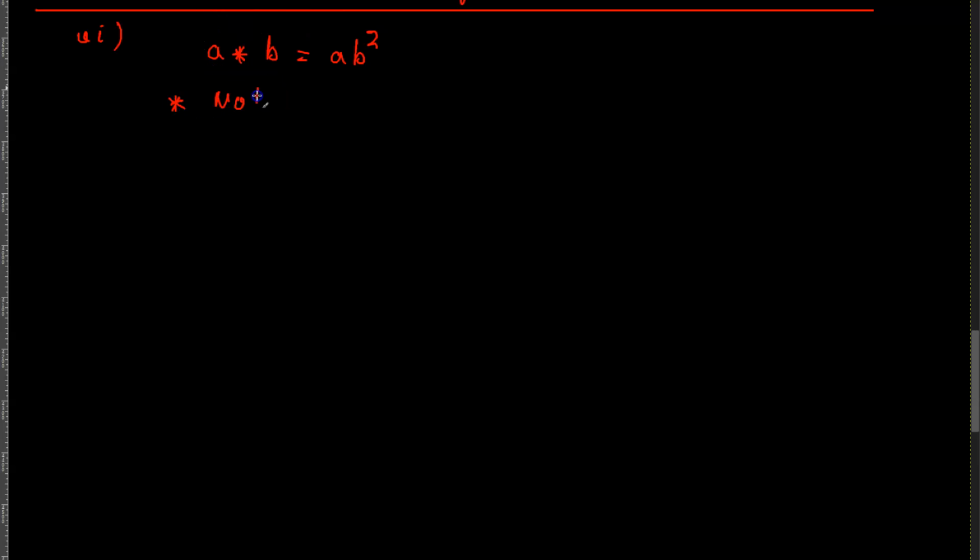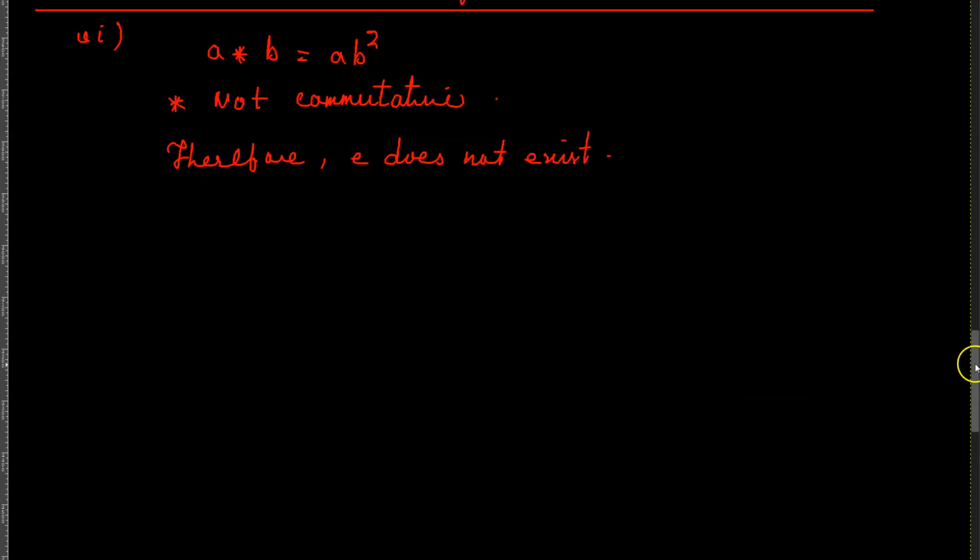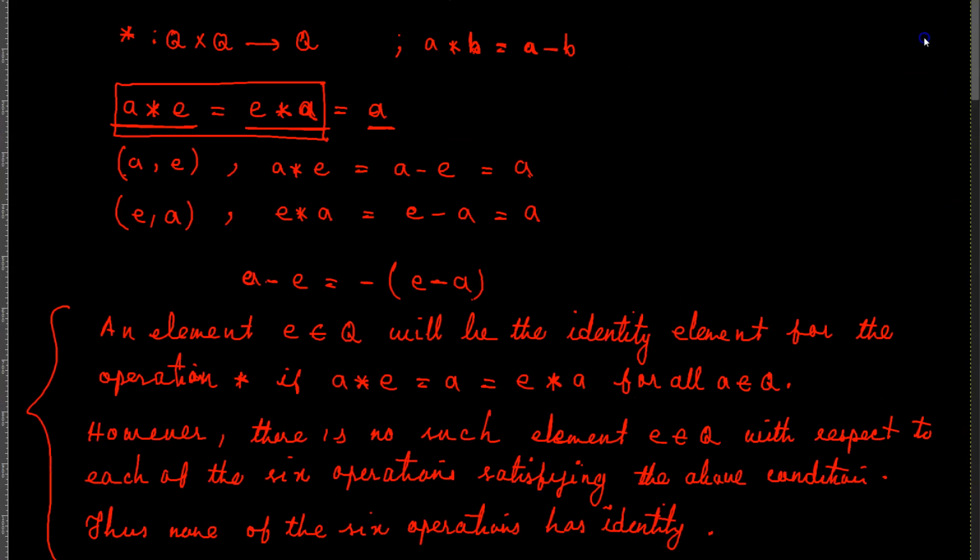Star here is not commutative. And therefore E does not exist. Okay.